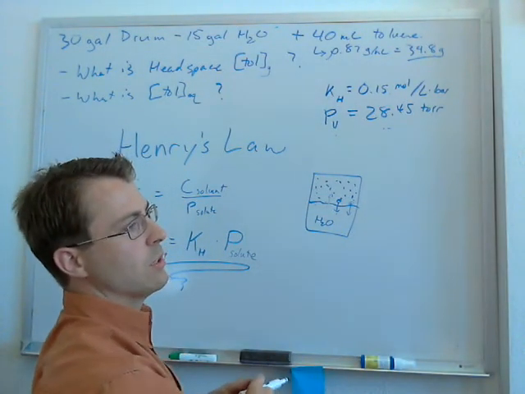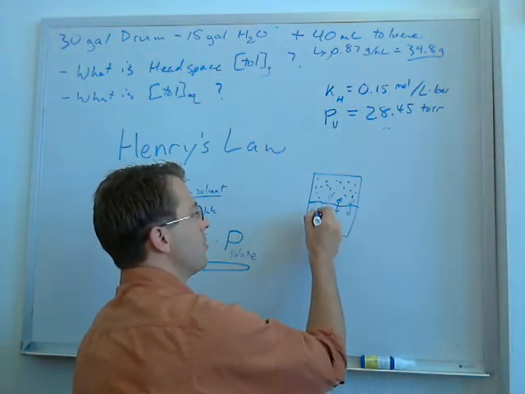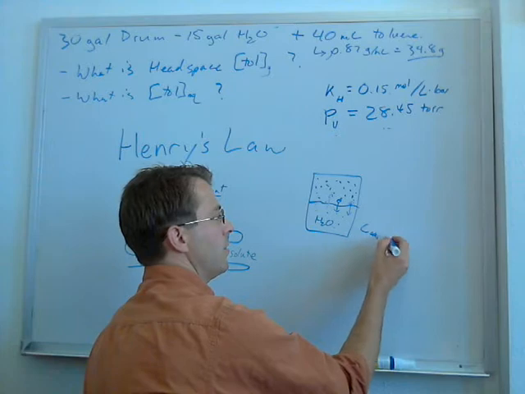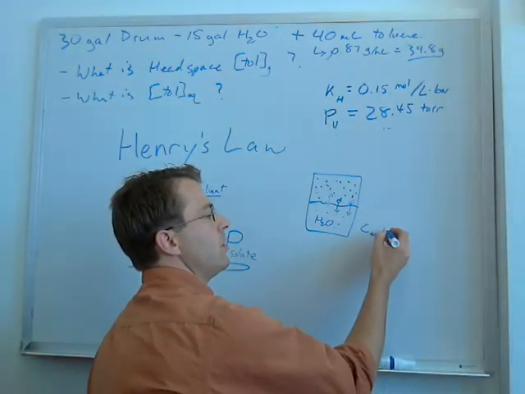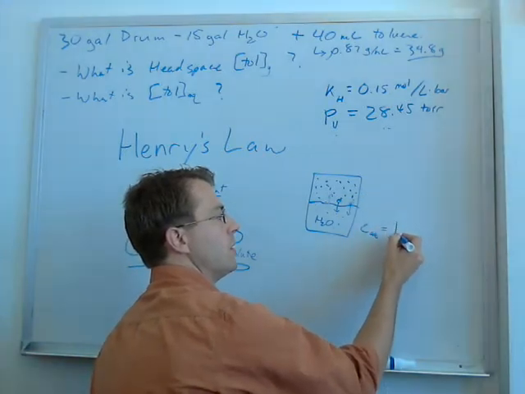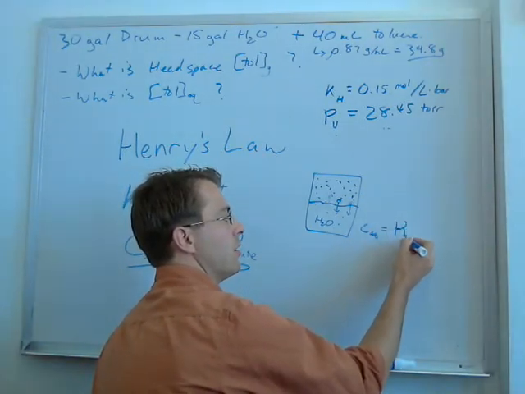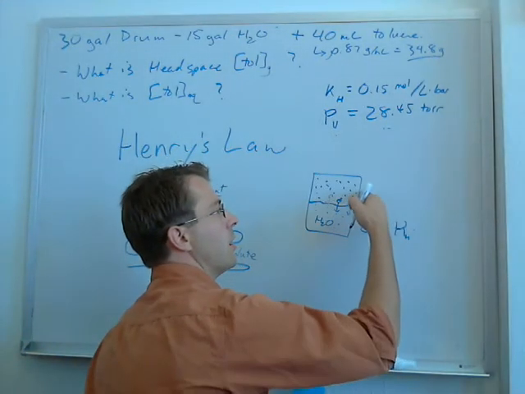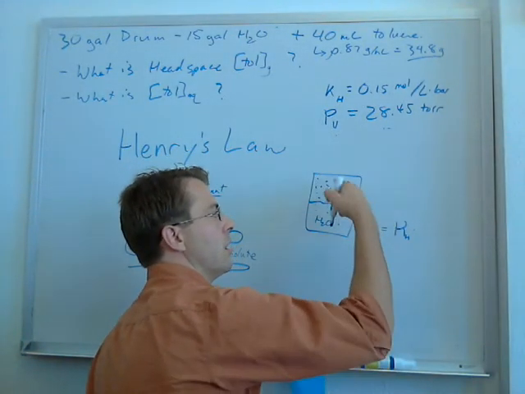So they reach an equilibrium. And eventually the concentration in the aqueous phase will reach some ratio to the headspace, which is the Henry's law constant of Henry, multiplied by the concentration above.